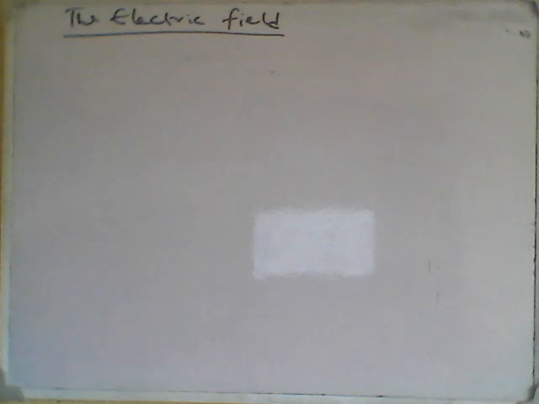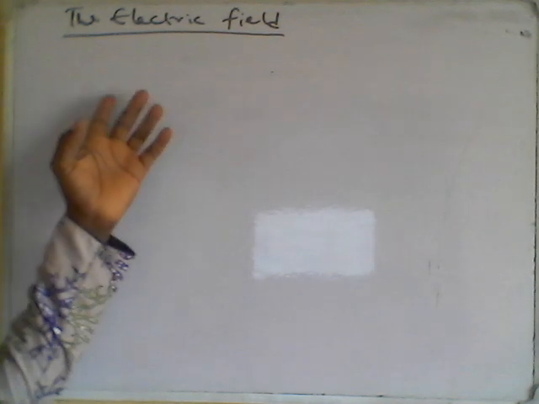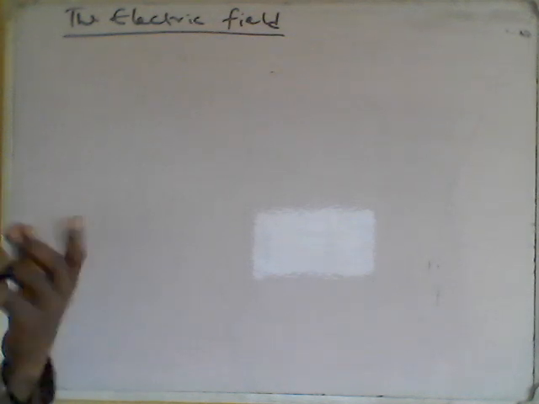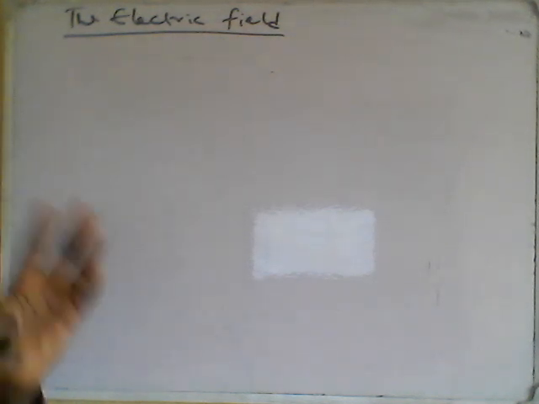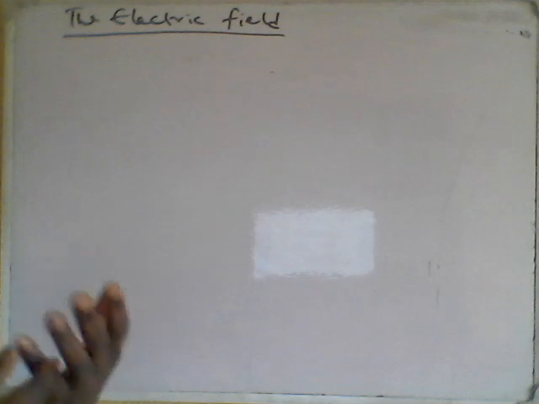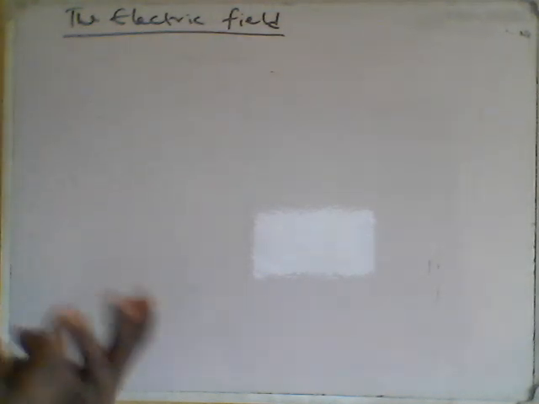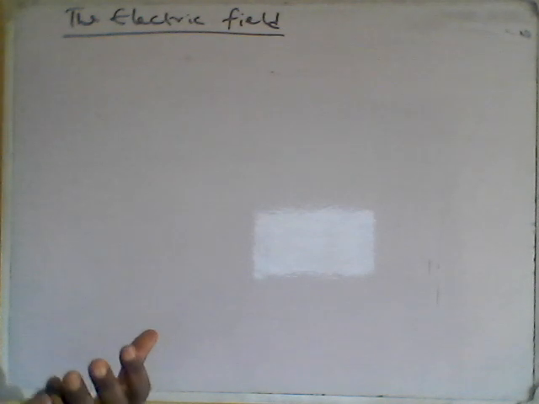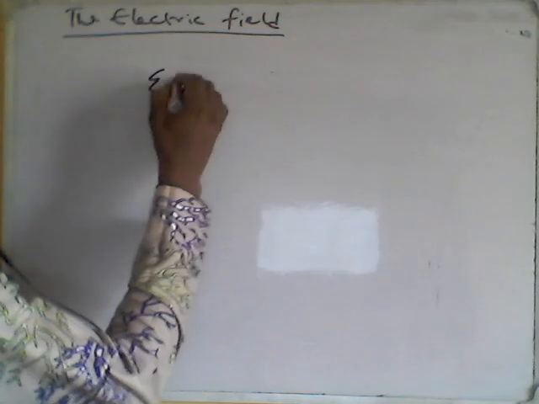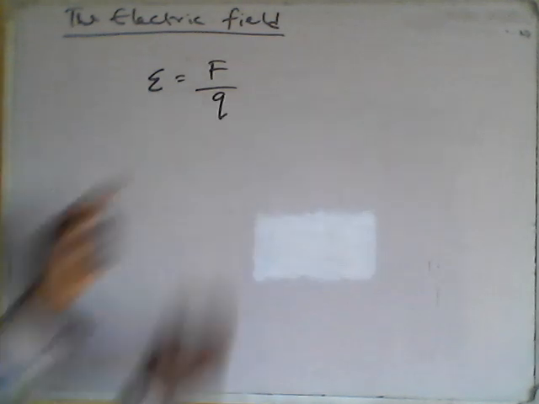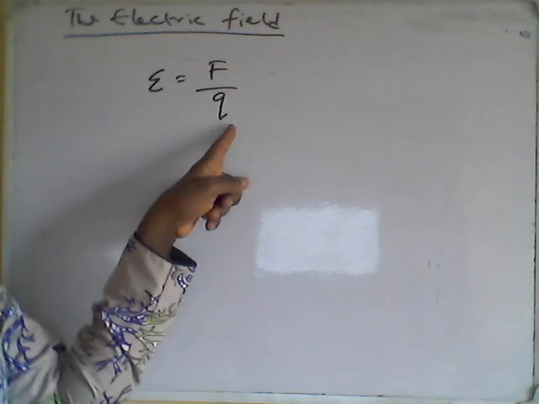Okay, so I have on the board the electric field. An electric field is a region where electric charge experiences a force. Just like a football field, it's an area where we play a match. If you have a small unit positive charge Q placed at any point in an electric field, it will experience a force F. So the field strength E, also called E field, at that point is defined as E equals F over Q, that is, force on the unit charge.